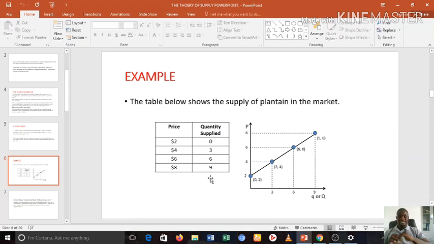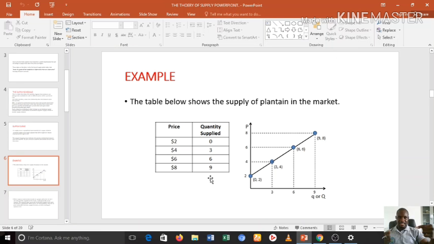Meaning that as price goes up, quantity supplied also goes up, and vice versa. When the price falls, quantity supplied falls. That is why we say that a supply curve slopes upward from left to right. The upward slope indicates the higher the price, the higher the quantity supplied, and the lower the price, the lower the quantity supplied.